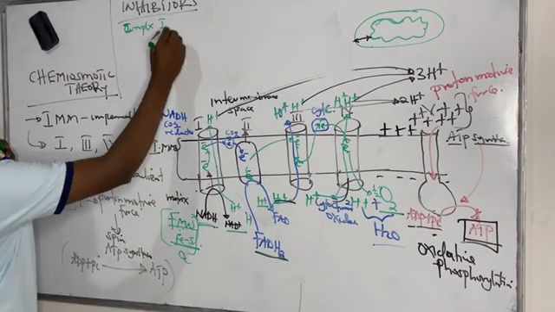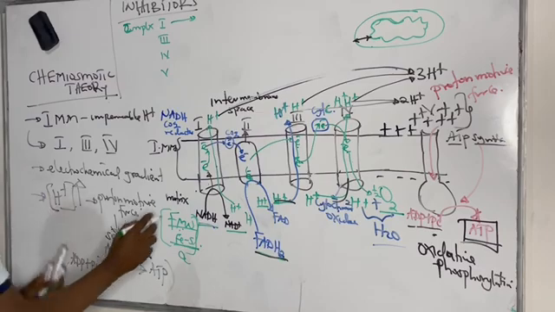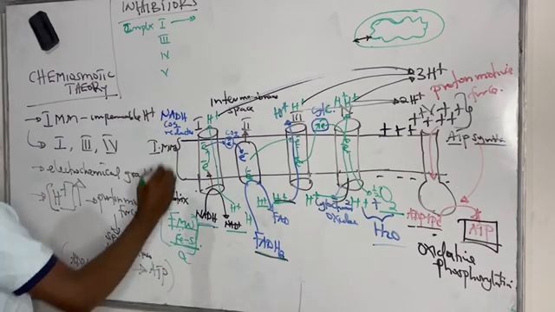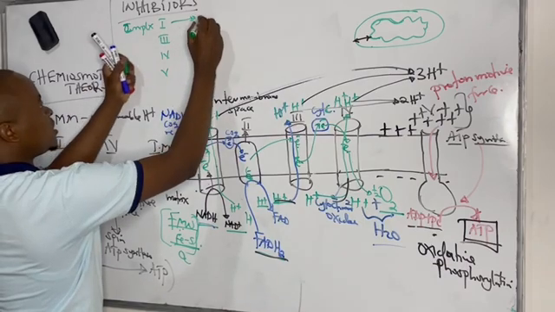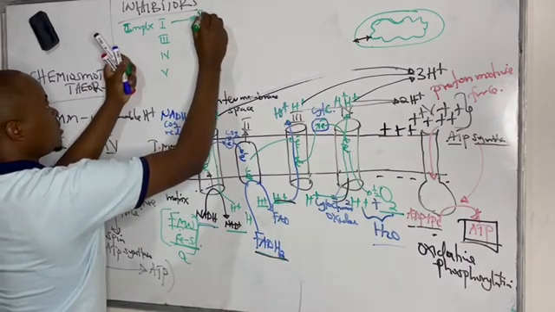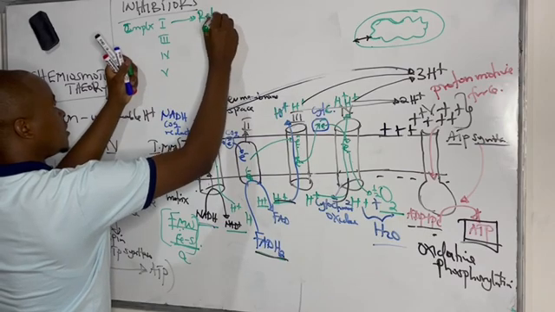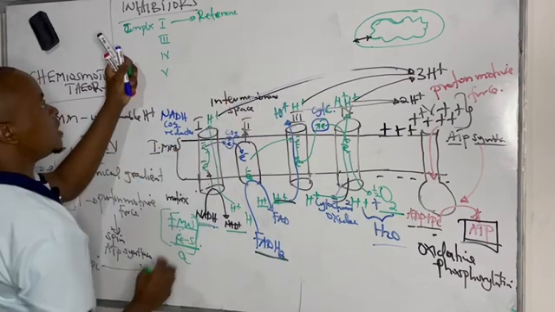And we see complex 1, which is NADH dehydrogenase or NADH coenzyme Q reductase. It is inhibited by a seaweed known as rotenone.